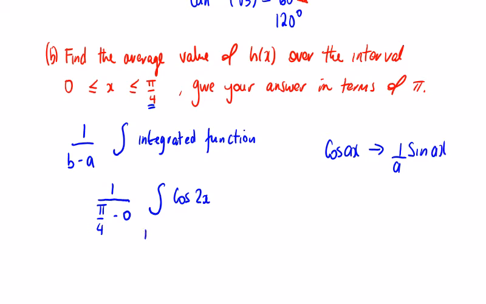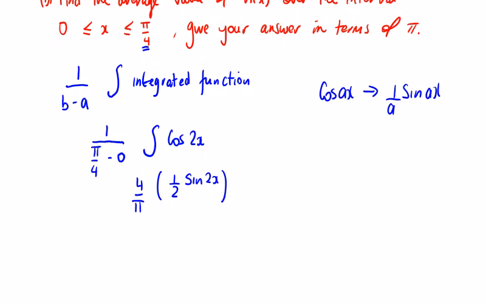So we can simplify the left hand side here, 1 over pi over 4, the bottom fraction comes up and turns upside down, so we're going to get 4 over pi outside it, and when we integrate it, we're going to get 1 over 2 sine 2x. So that will give me 4 over pi by the sine of 2x over 2.